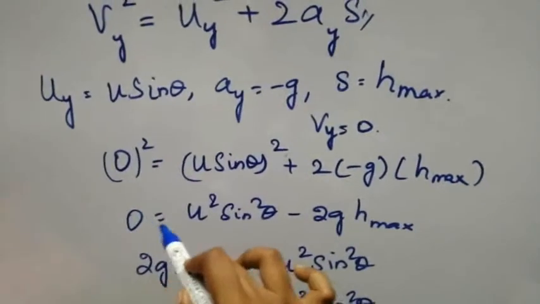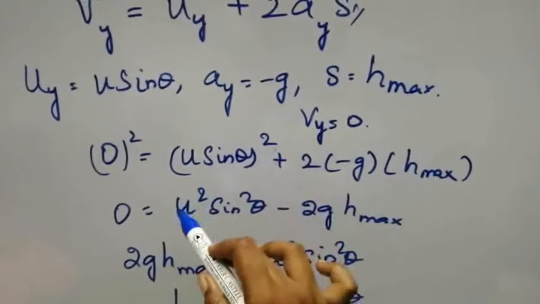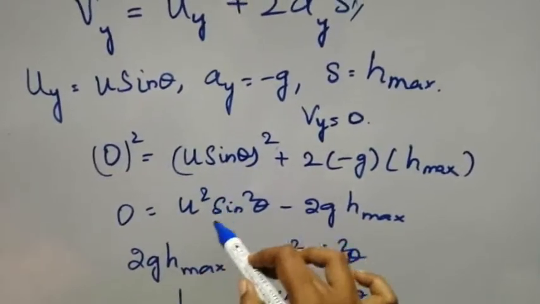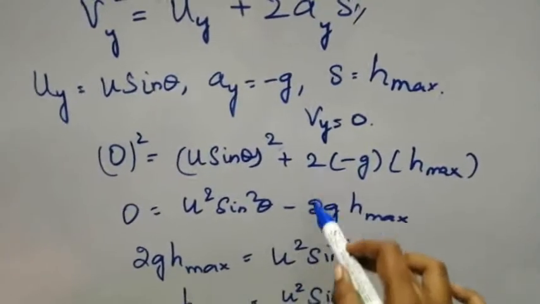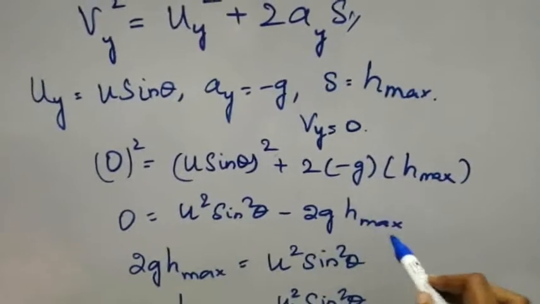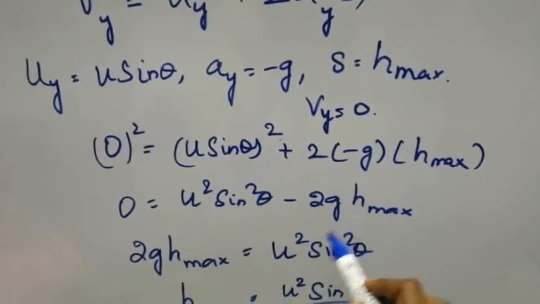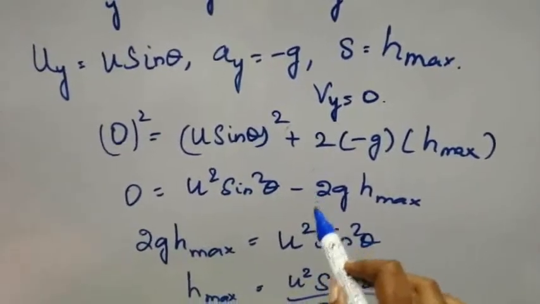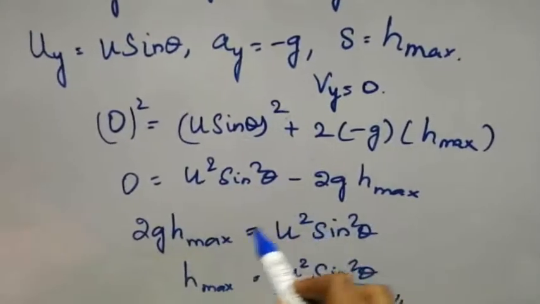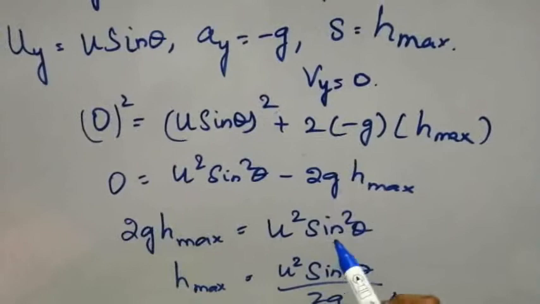So 0 is equal to u square sin square theta plus, into minus becomes minus, 2 into g into h max. Bring this minus 2g h max to the other side; it becomes plus. So 2g h max is equal to u square sin square theta.